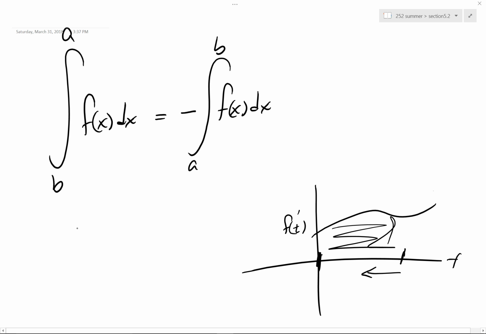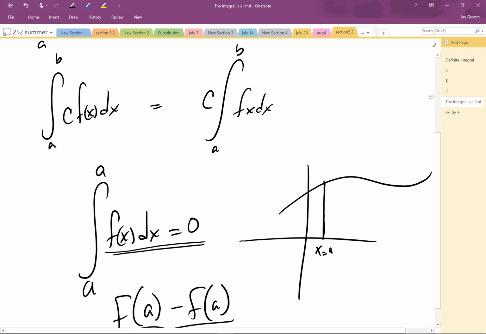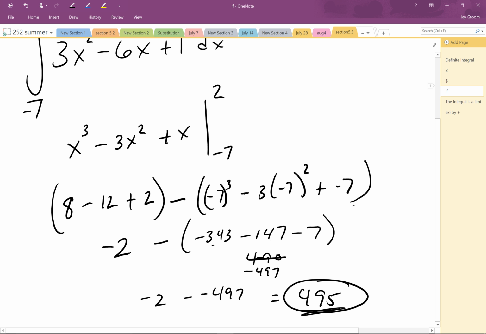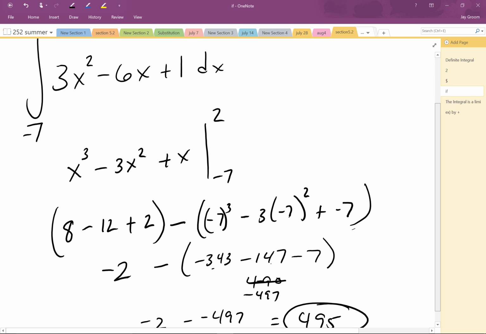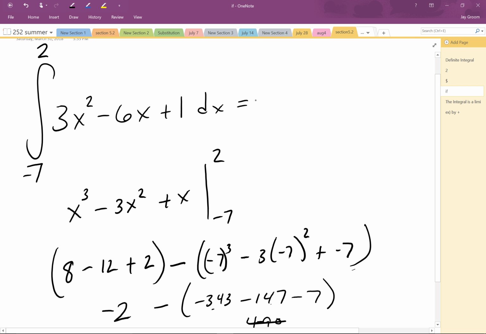So in other words, that one we just did a minute ago from -7 to 2, whatever that function was. Here, we'll just do it right here. I'm too lazy. That would be equal, so negative of this fella. They're opposites of each other.